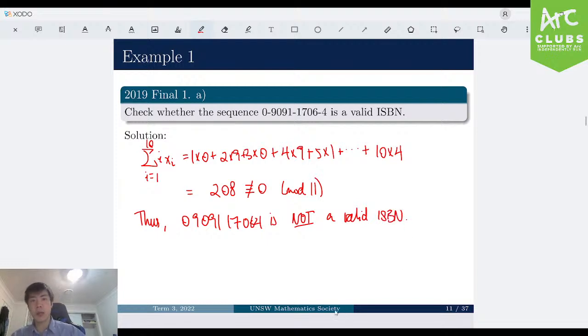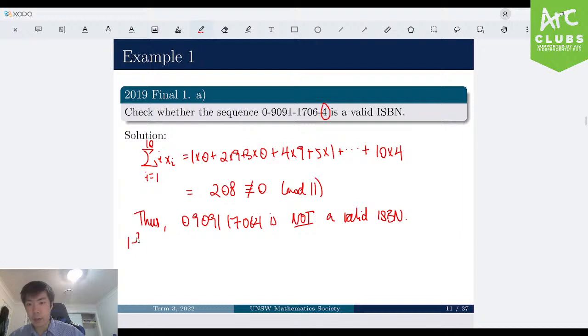Now you might ask, okay, sure, it's not a valid ISBN, but if you wanted to make it a valid ISBN, what do we need to change? Well, for example, if you wanted to change the check bit at the end here, what must we change it to such that it becomes a valid ISBN? All right, so I'll write this here.